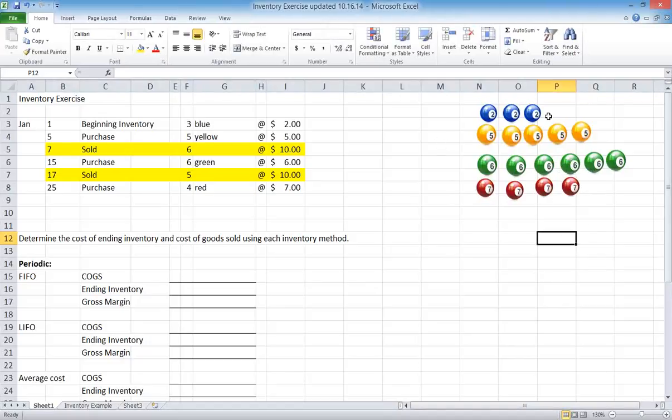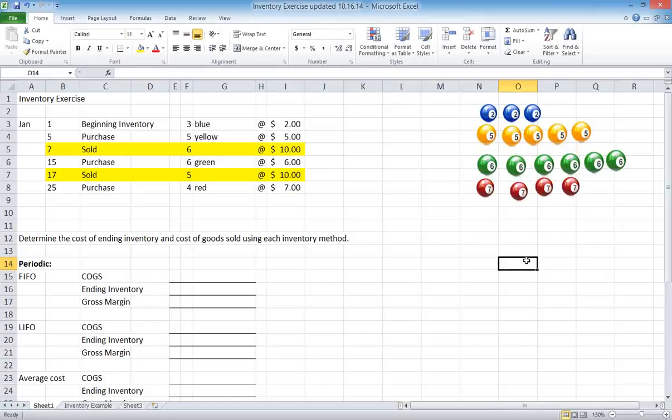So what I ended up doing was changing my dollar value in my exercise so that whatever the number is on the ball is its dollar value. We have to assume this is all the same inventory item, exactly the same.